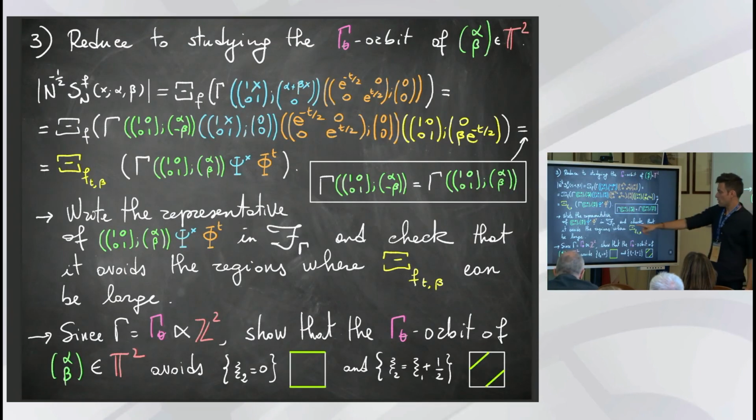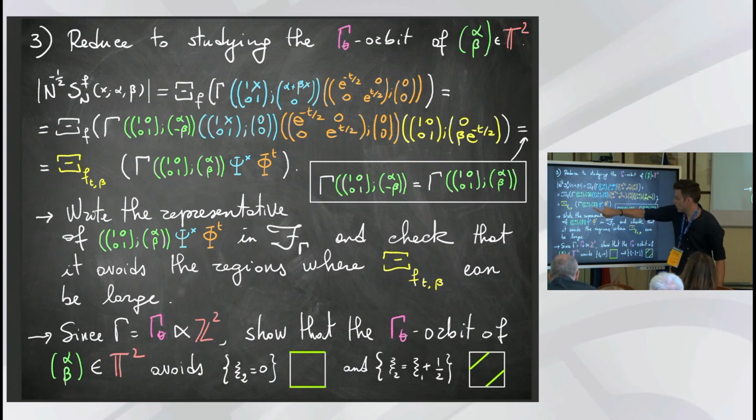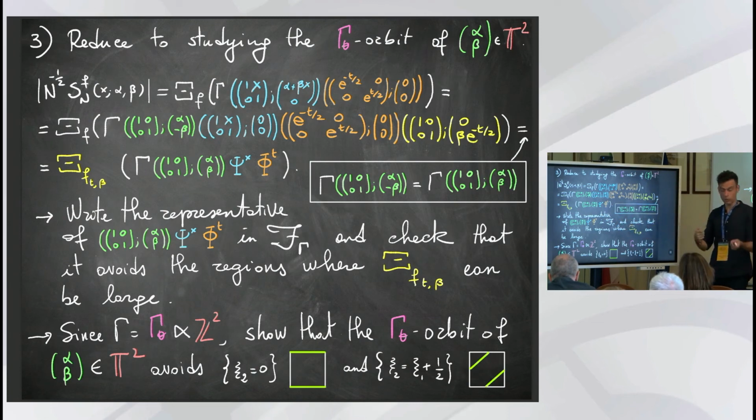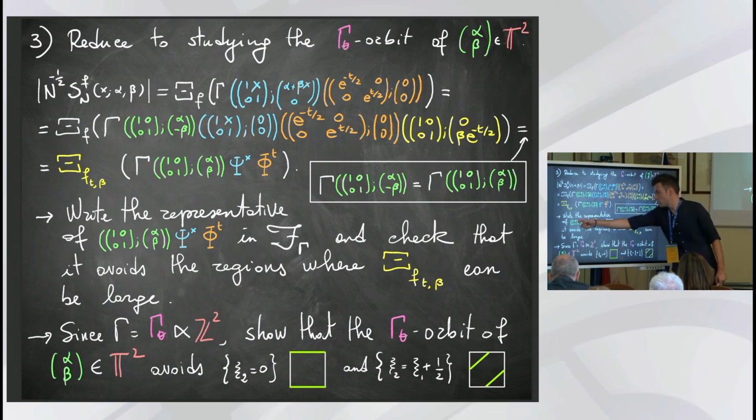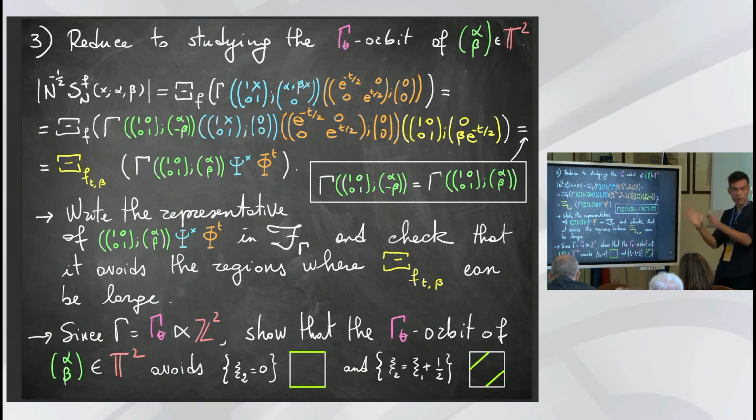When I bring things back, I need to find a representation of this group element inside my fundamental domain. And in the fundamental domain, since I know where things are large or not, I need to check whether the representative of this point that I've brought back hits or doesn't hit those bands where things are large. Because that's what helps me understand when things are large.